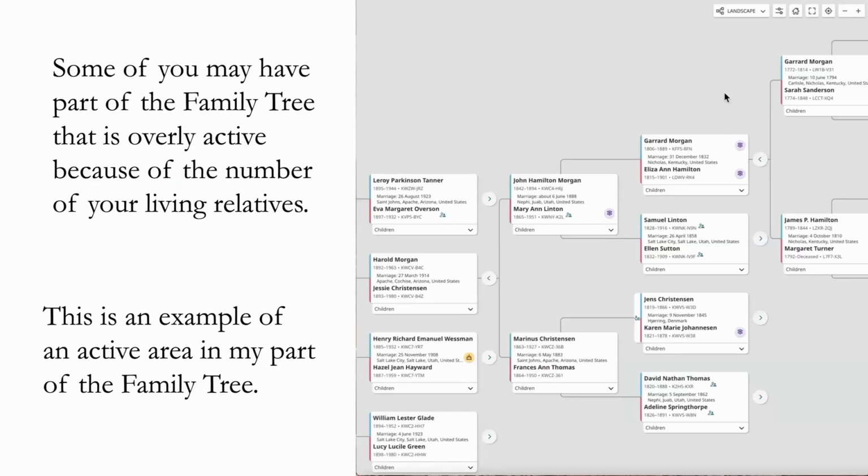And another little challenge that many of us are very acutely aware of is that parts of the family tree are overly active. And that generally increases as you go back in time.